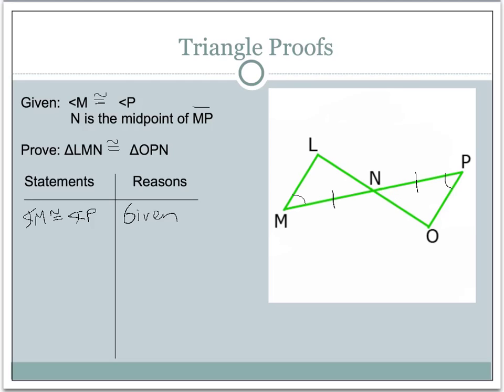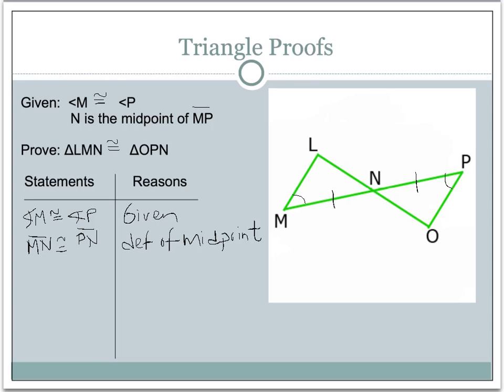So our statement would be segment MN is congruent to segment PN. The reason is not given, because we were told that N was the midpoint. What we want to actually say is by definition of midpoint. A midpoint is in the middle of that segment, cutting it into two equal pieces.